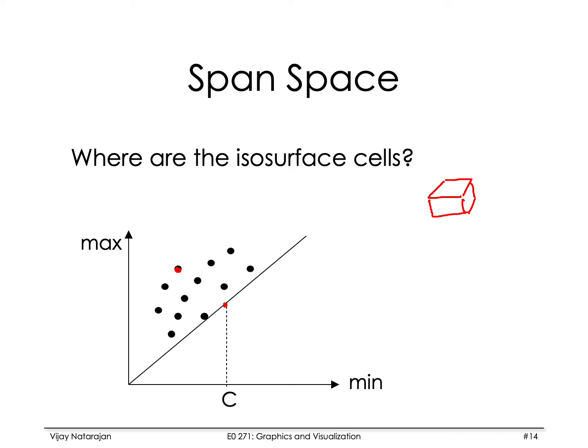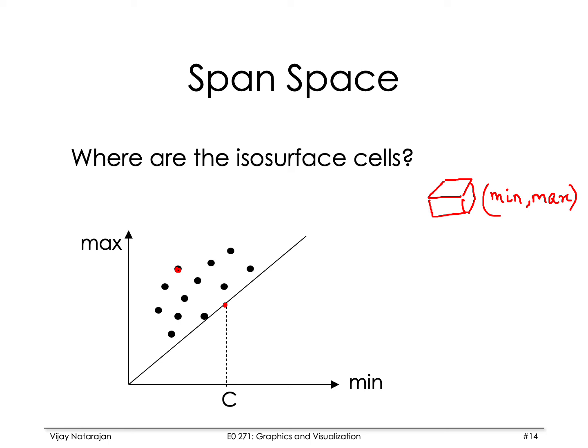So this cell has an interval min max, and we are representing that as a point in the span space. Now, which cells contain this iso value C?